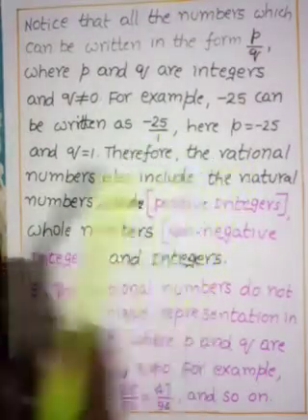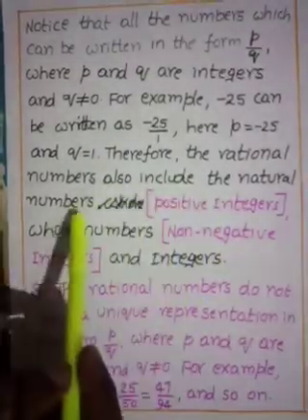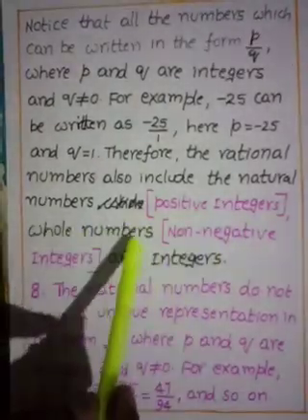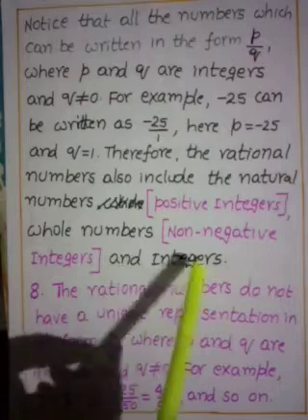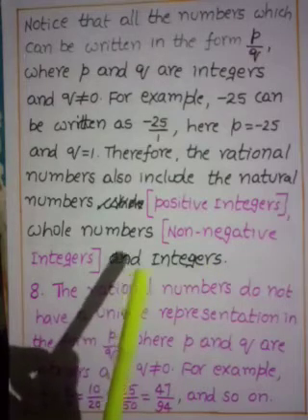Therefore, the rational numbers also include the natural numbers, which are nothing but positive integers, whole numbers, which are non-negative integers, and integers. Okay, my dear children? Right.